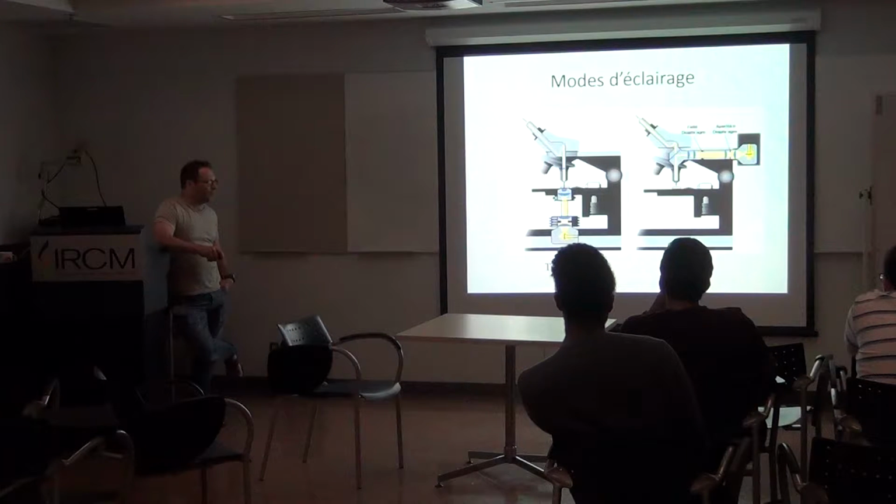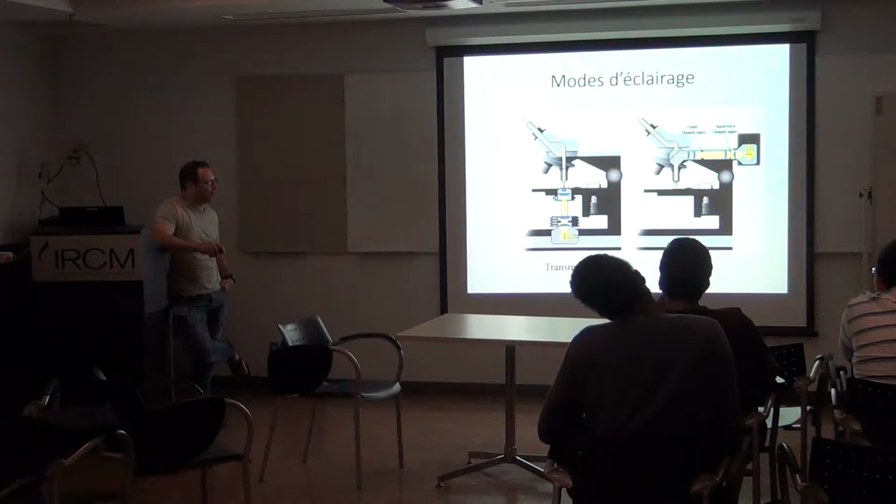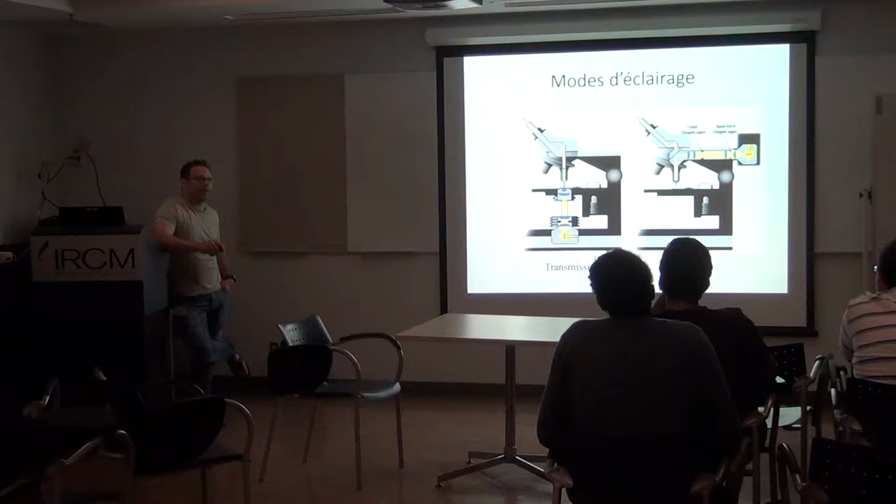And reflection mode is taken also for fluorescence. So you will shoot a certain wavelength onto your specimen. Your specimen is going to absorb the light and re-emit another wavelength, which will be filtered by this glass, which is called a dichroic, because it divides chromatic waves. The chromatic is the color. So dichroic splits it in two.